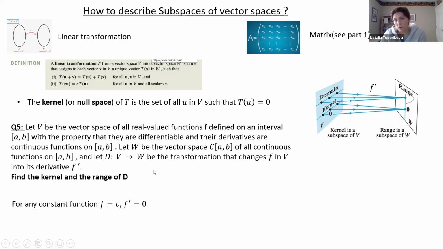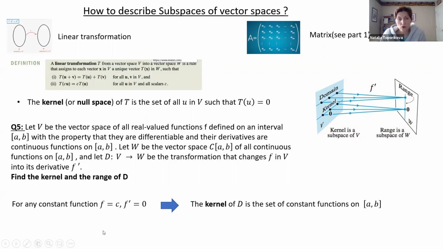And if you remember the calculus course, you probably remember that the derivative of any constant is equal to 0. So that's a pretty easy transformation. Any constant function defined on the closed interval a, b will go to 0. So our kernel is the set of constant functions on the interval a, b.